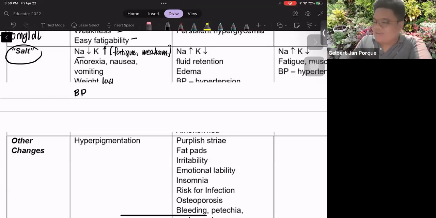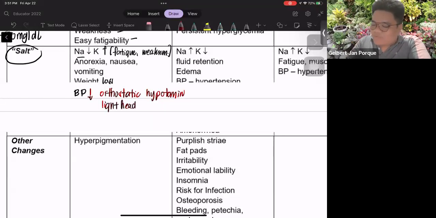Your BP would be decreased. Very good. And for that, your patient will also be at risk for orthostatic hypotension. Dumduman lang again, dapat ang pasyente nyo hinay-hinay lang mag-change position. Your patient would also be at risk for lightheadedness and dizziness.